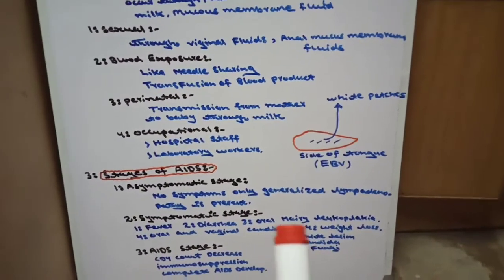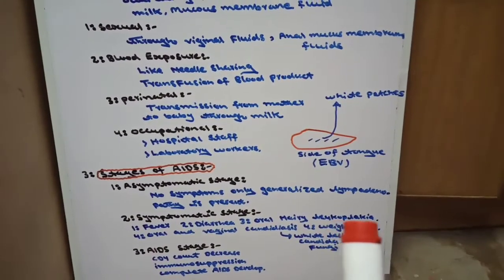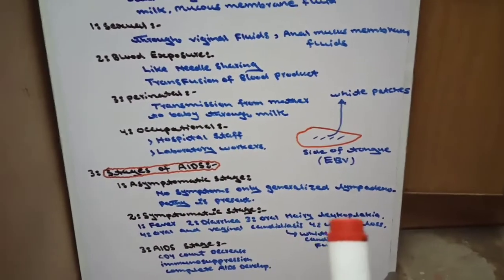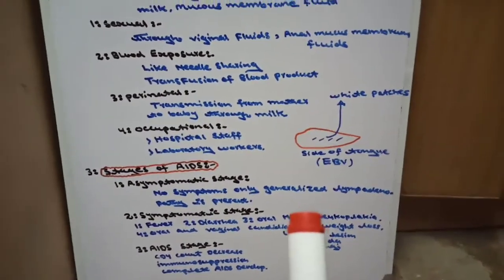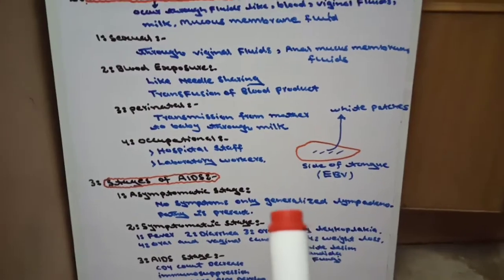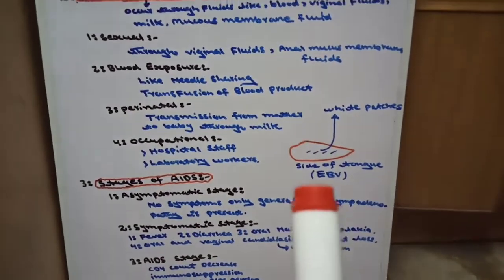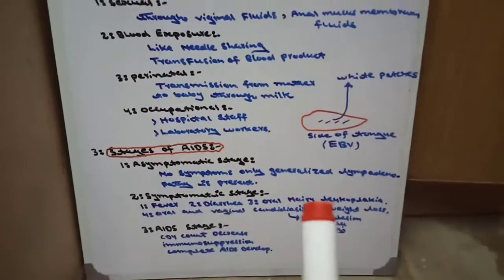Therefore, it is called oral hairy leukoplakia. Plakia means patches, leuko means white. Oral hairy leukoplakia is opportunistic infection which present in AIDS patient, and it causes Epstein-Barr virus.